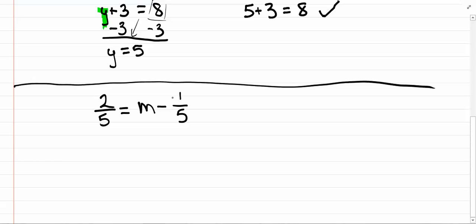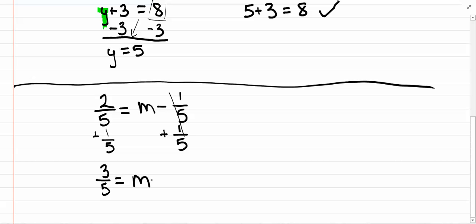So the opposite is adding. So we will add 1/5 to both sides. So 2/5 plus 1/5 is 3/5. Negative 1/5 and positive 1/5 cancel out. So we're left with equals m.